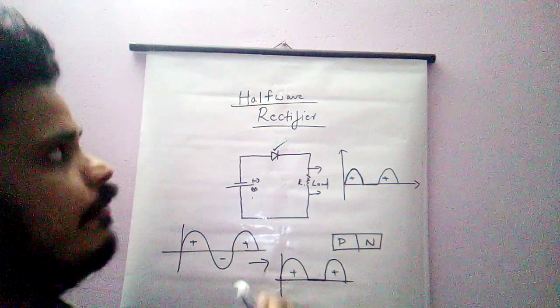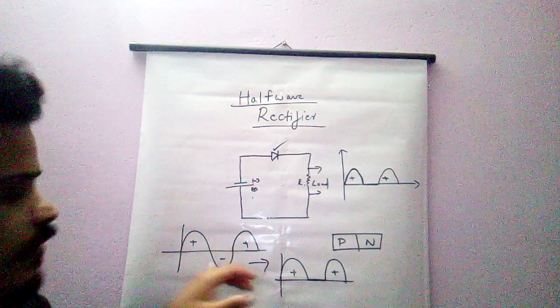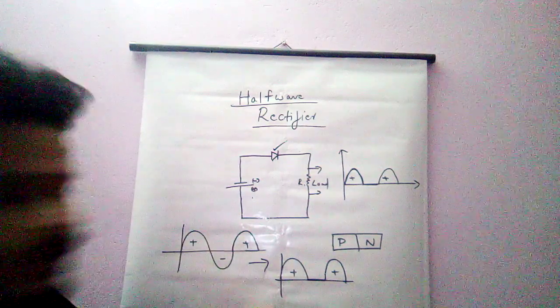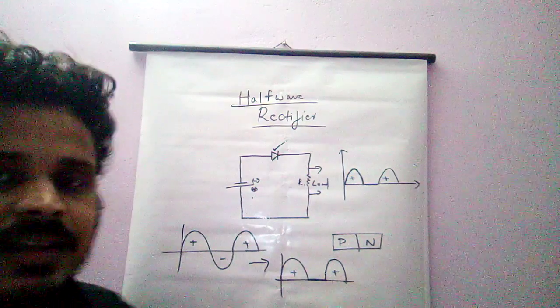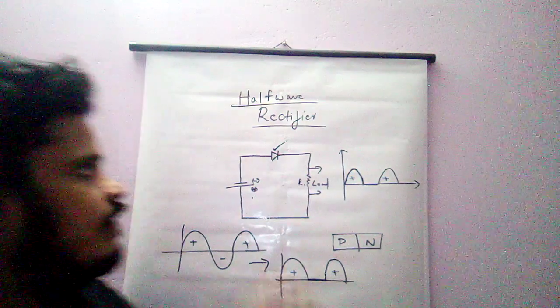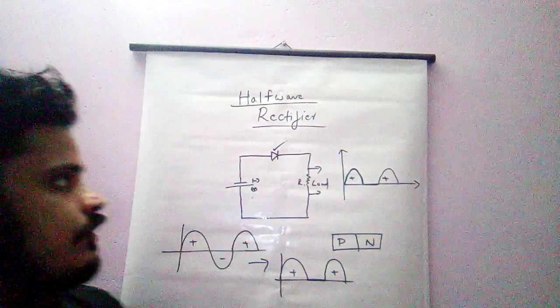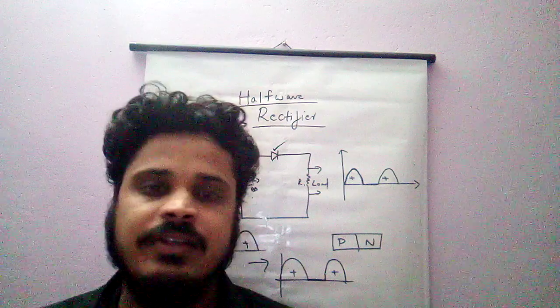So this is what happens in a half-wave rectifier. If we provide one complete sine wave, we get only the positive half cycle from it and no negative half cycle, which is why we call it a half-wave rectifier. I hope the idea is clear, so thank you.